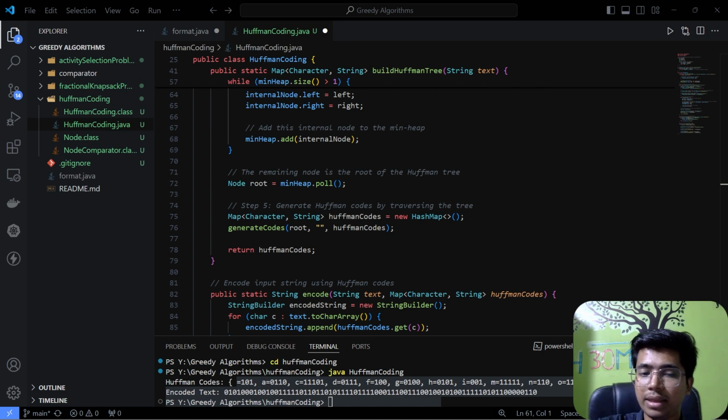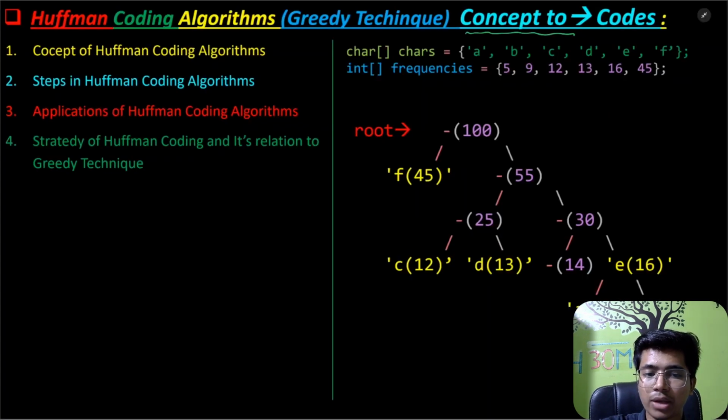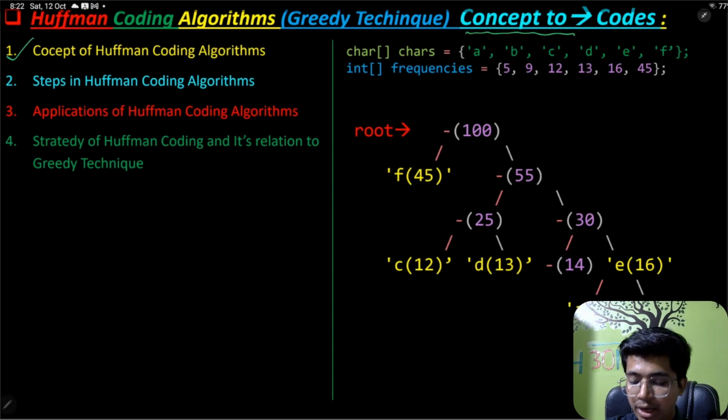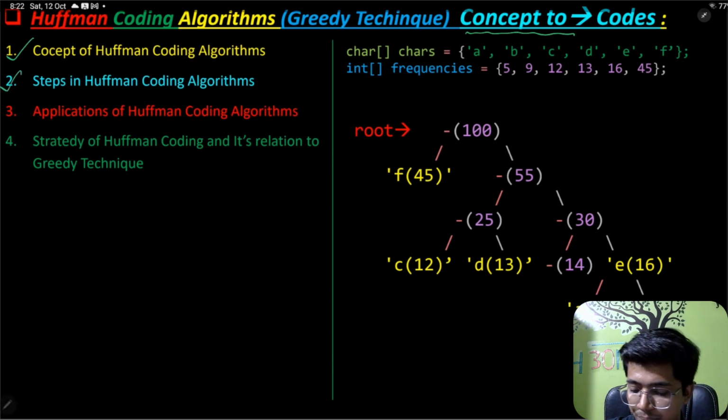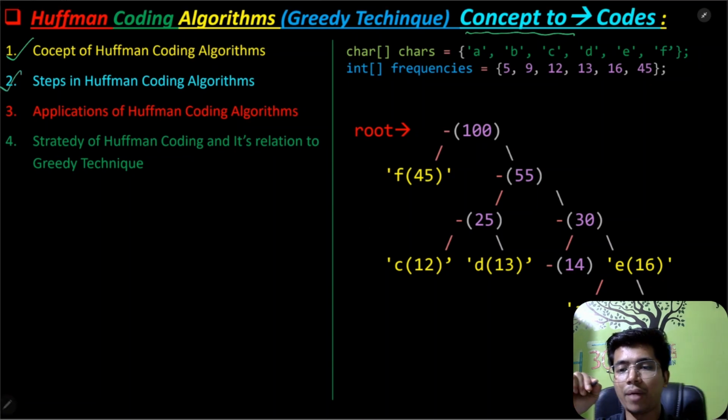Now we will be understanding the concept. Moving back to the concept portion, first we will study the concept of the Huffman coding algorithm, then the steps in the Huffman coding algorithm, that is, the significant steps that we take to build it. Next, the applications of the Huffman coding algorithm.